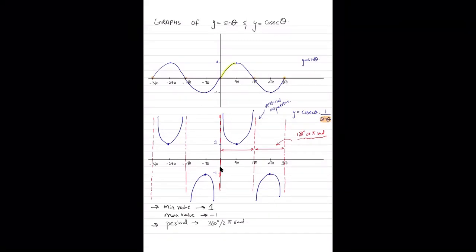In the graph of cosec theta, the asymptotes are 180-degree apart or pi radian apart.